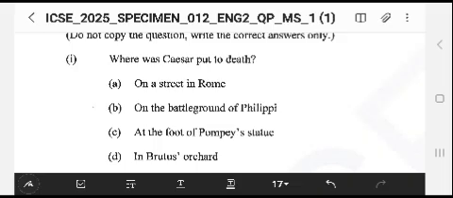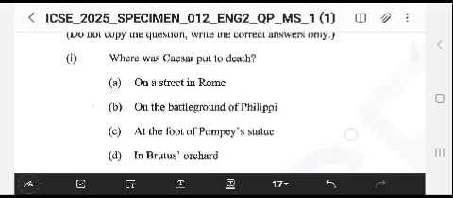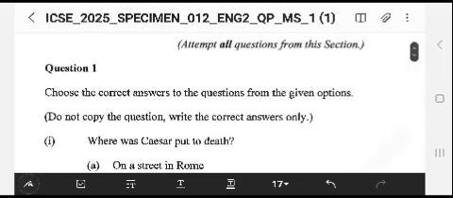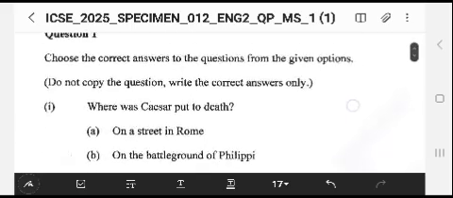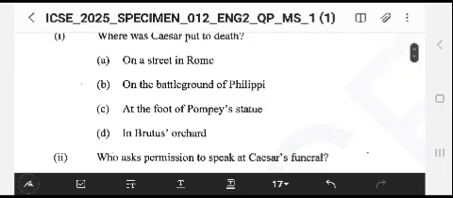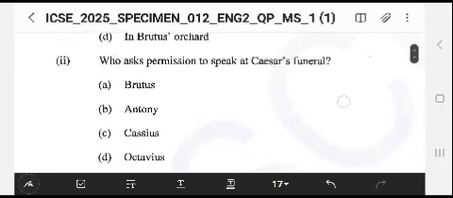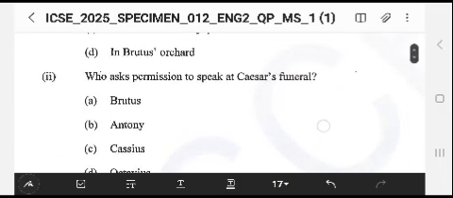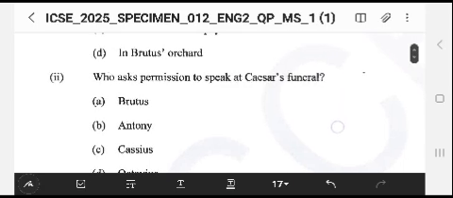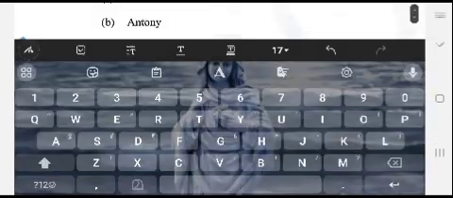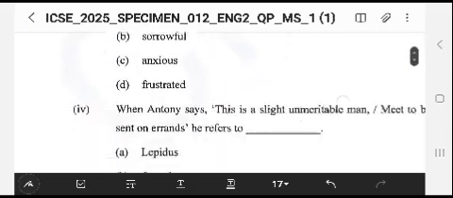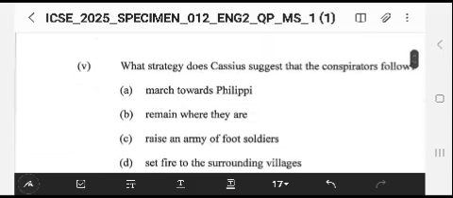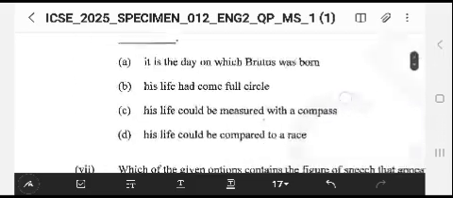So there will be about 16 questions in this part, that is section A. You will be getting 16 MCQ questions. All you need to attend in the same way. All other questions from the literature part, like the drama Julius Caesar, are there.